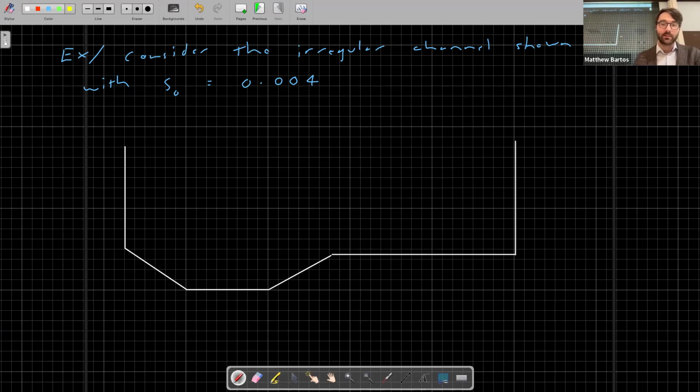So let me just divide this up here. And there's going to be some water level in the channel. So we have two different sections here. Our rectangular section might be, for instance, a floodplain, so it's going to have a grassy bottom.